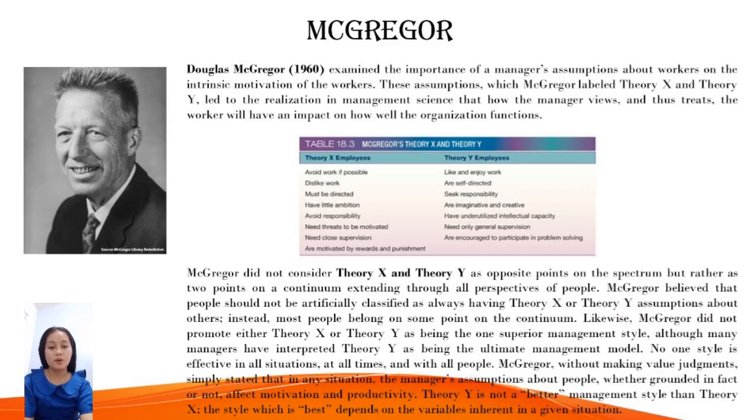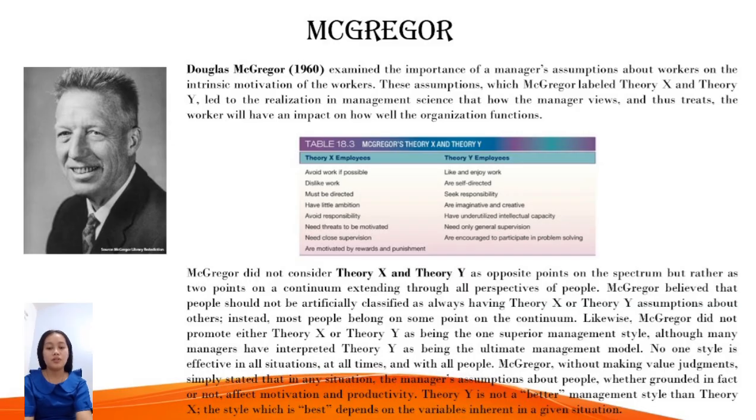In Theory Y, employees like and enjoy work, are self-directed, seek responsibility, are imaginative and creative, have underutilized intellectual capacity, need only general supervision, and are encouraged to participate in problem solving.